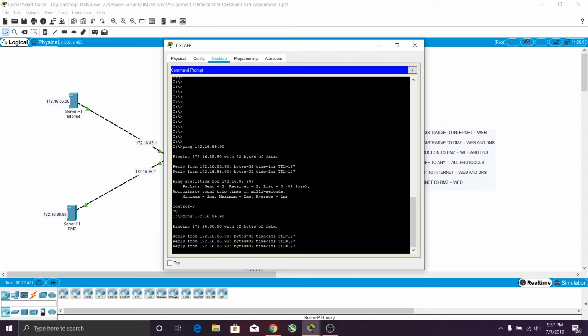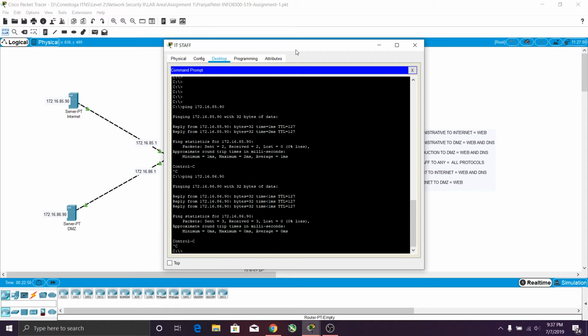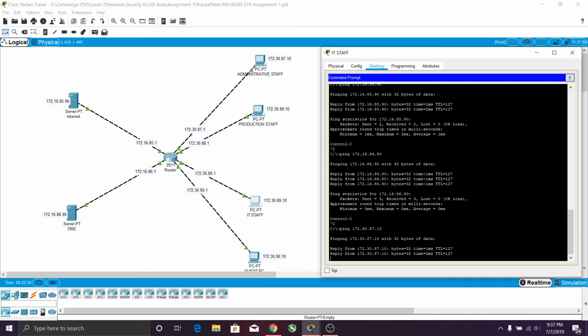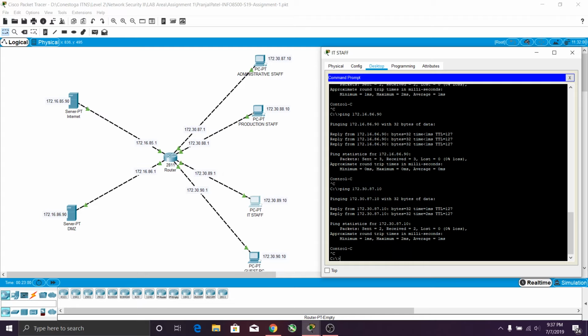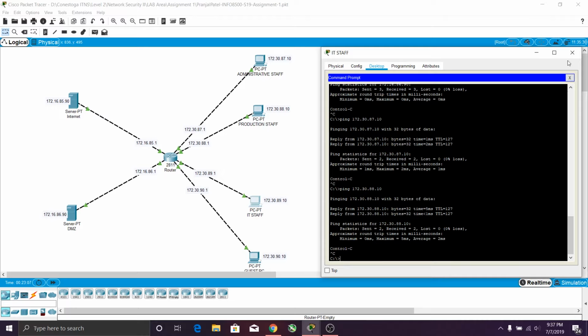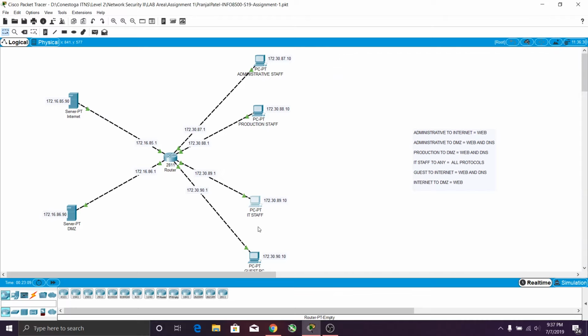This is also working. Now the IP address of the administrative staff, which is, this one's also working. And lastly, the production staff. This one's also working. So the policy requirement for the IT staff is successfully accomplished.